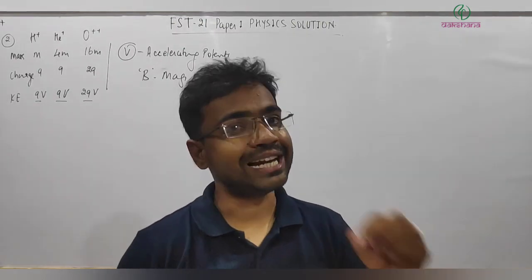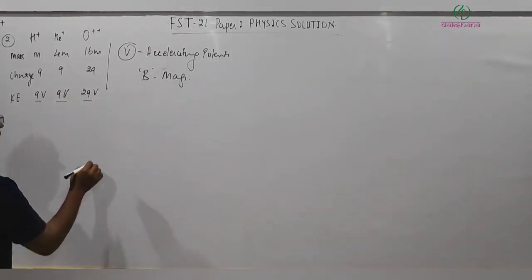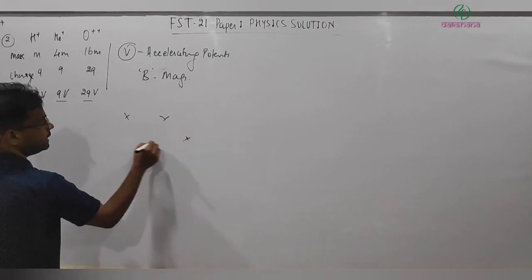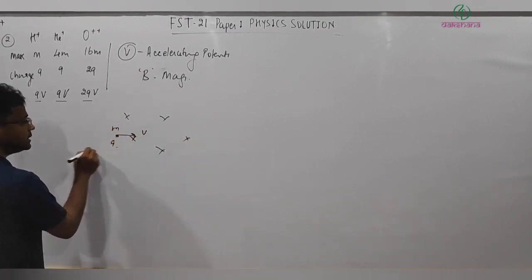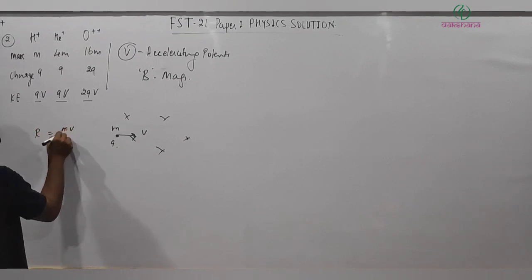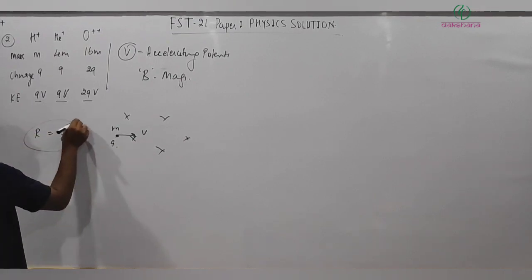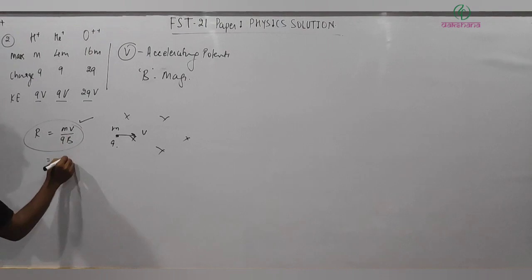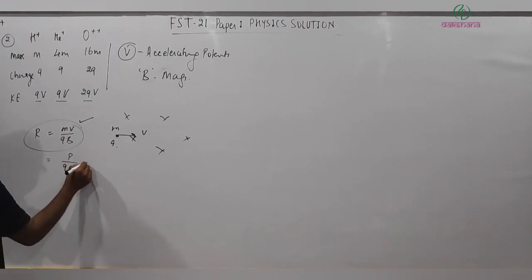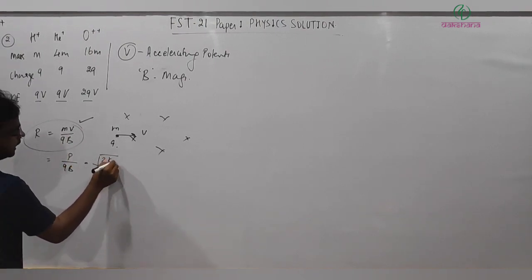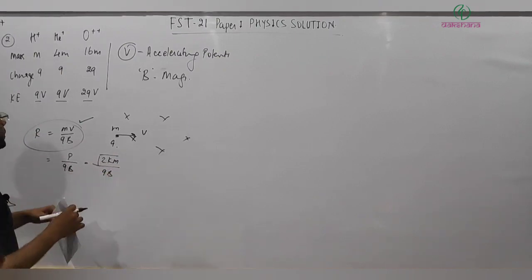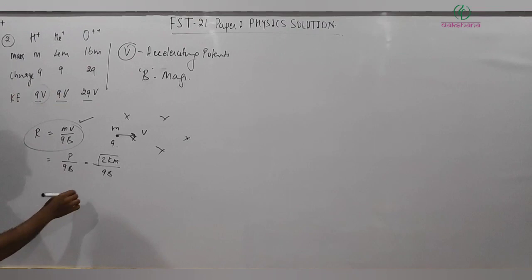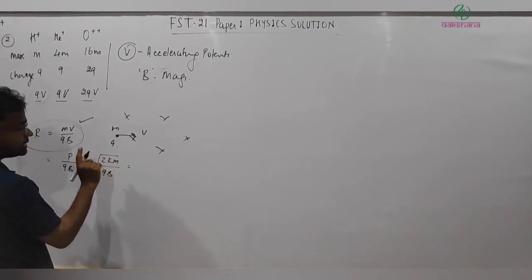The radius of that circle, we know the formula. If one particle is entering with velocity v, mass m, charge q, then R is given by mv by qB, or we write it as p by qB, or under root 2Km by qB, with K written in terms of qV.